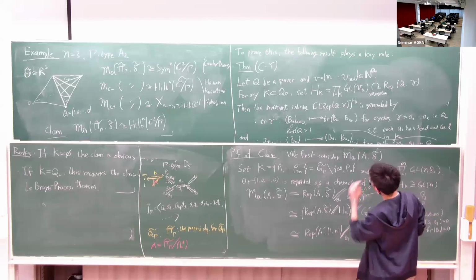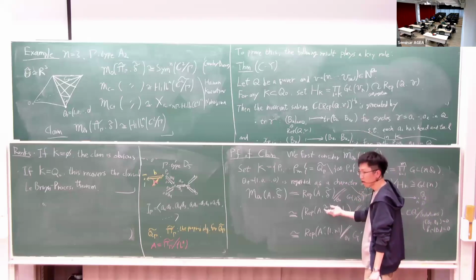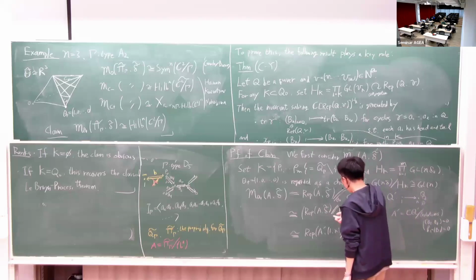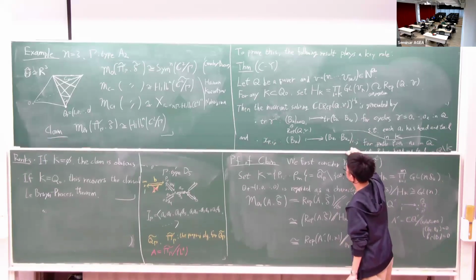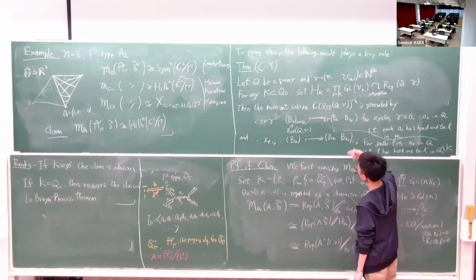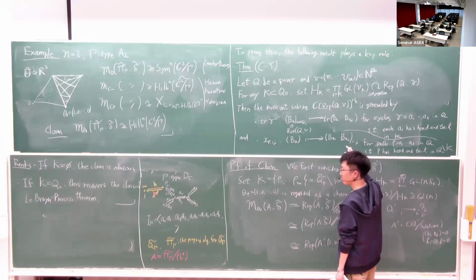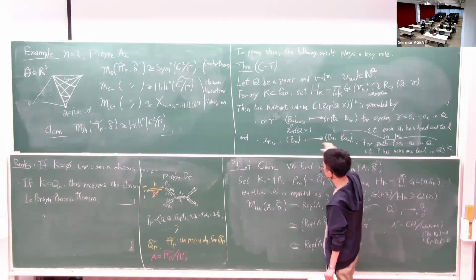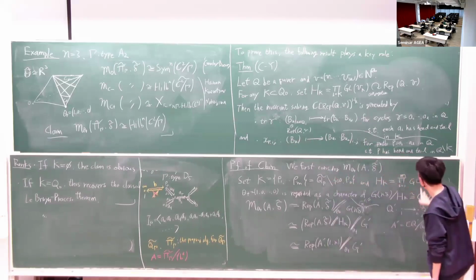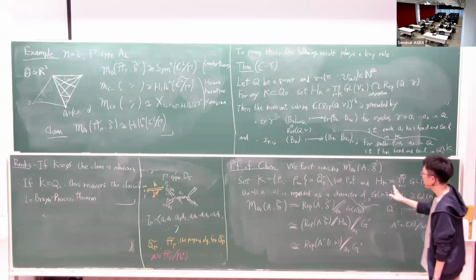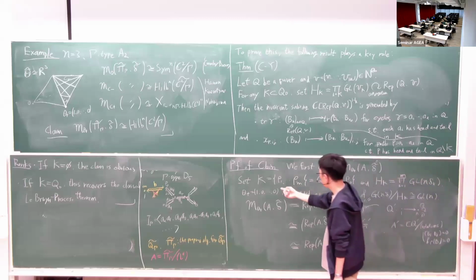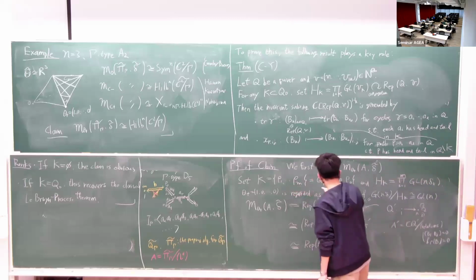In order to apply this result to this one, in this case we only need the second type of generators. This needs some argument, but somehow we can show that we only need the second type of generators. And in this case, K is this subset.